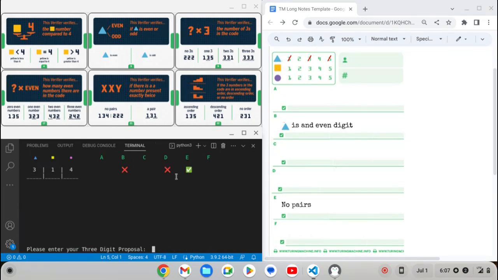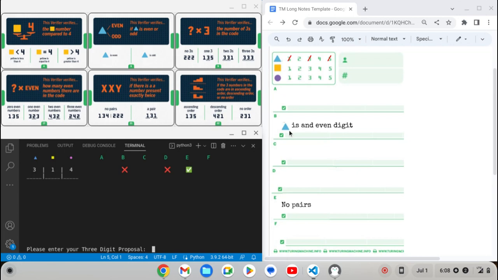The Turing Machine does not approve of my proposal where I have a single even. Remember, we already know triangle's even, so it's telling me that no, 1 isn't enough. That means there should be in fact 2 evens, and because there are no pairs, at most it's 2 evens.